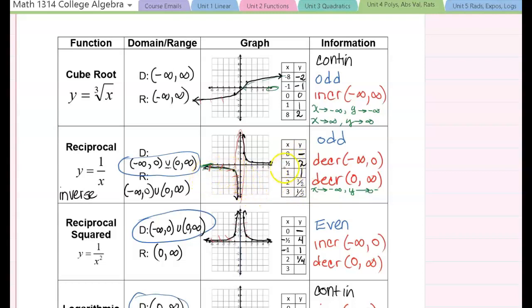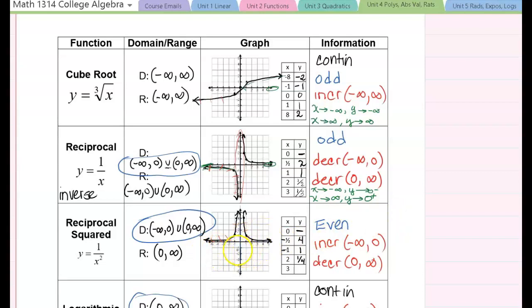If we go to the right side, as x goes to positive infinity, our y values are getting closer to 0 as well, but we would say a little plus sign because they're positive numbers. The little plus and minus stuff you don't really need to know, but you do need to know what happens in terms of our graphs and our end behaviors.